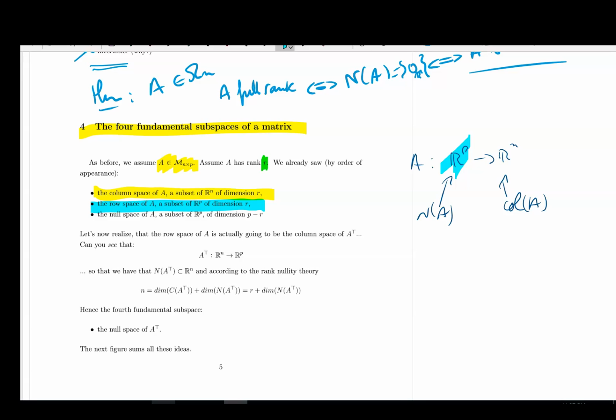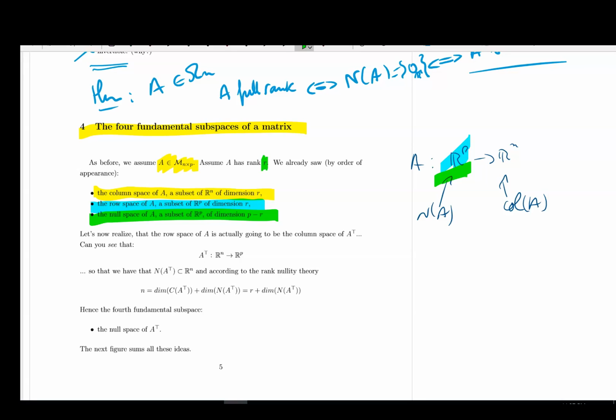Because it's the one that's going to make linear combinations of items in Rp that sit in the rows, and we saw, in one of the theorems, that it has the same dimension as the column space. And then we saw the null space, a subset of Rp, that is going to have dimension p minus r. That was the rank nullity theorem.